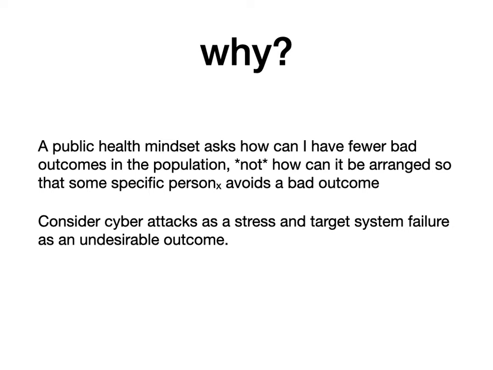And why is that the case? Well, a public health mindset asks, how can I have fewer bad outcomes in the population? Not how can I arrange so that some person avoids a bad outcome. I'm not trying to save a particular person by giving them an antibiotic or something. I'm trying to save the population at large by cutting down on, say, the transmission of COVID-19.